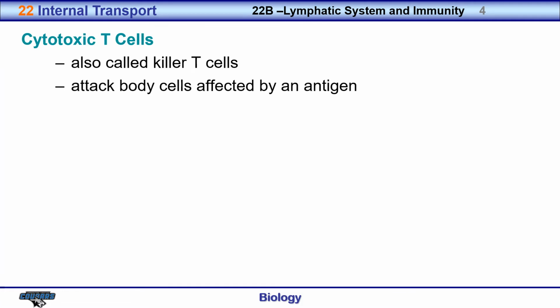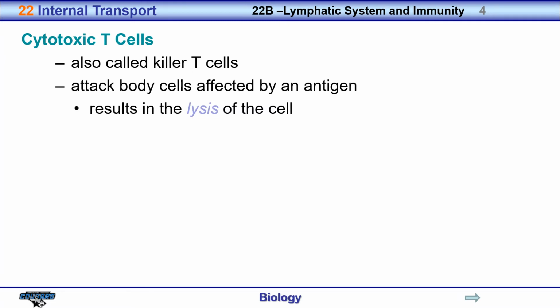Okay, so here is a body cell that's been attacked by an antigen and is being harmed by it. And these cytotoxic T cells will attack that damaged cell, and it will result in the lysis of the cell. Now, lysis by itself just means to split.